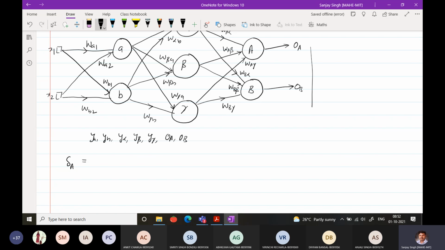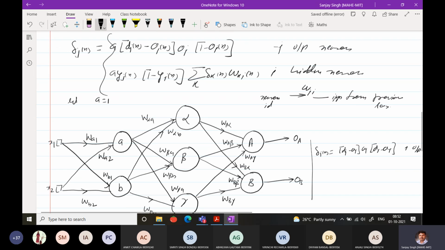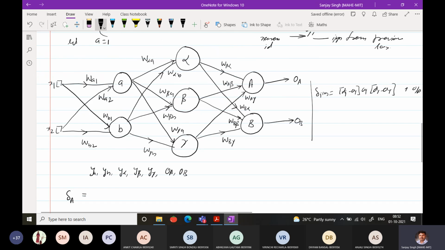Delta J is nothing but dj minus oj if j is an output neuron, and yj times 1 minus yj times the sum over k of delta k wkj if j is a hidden neuron.